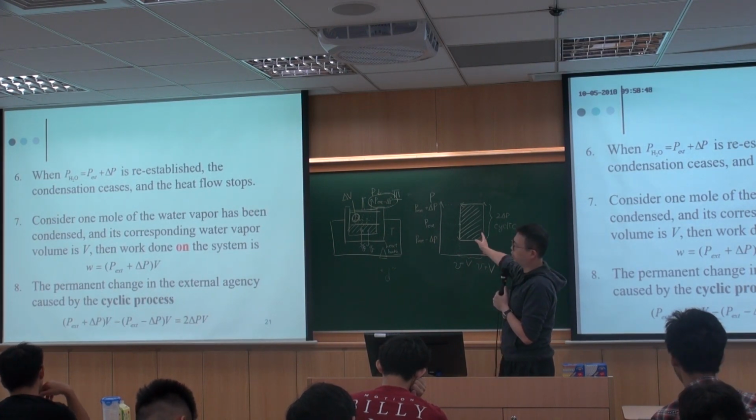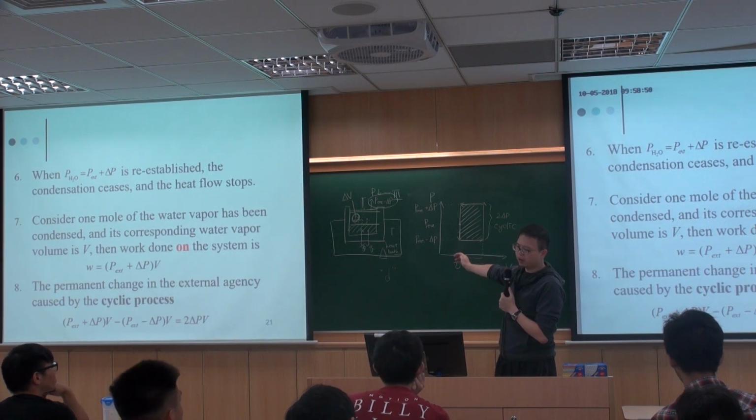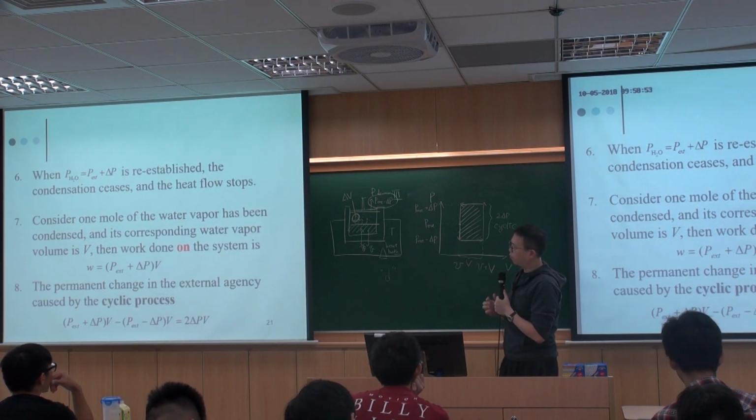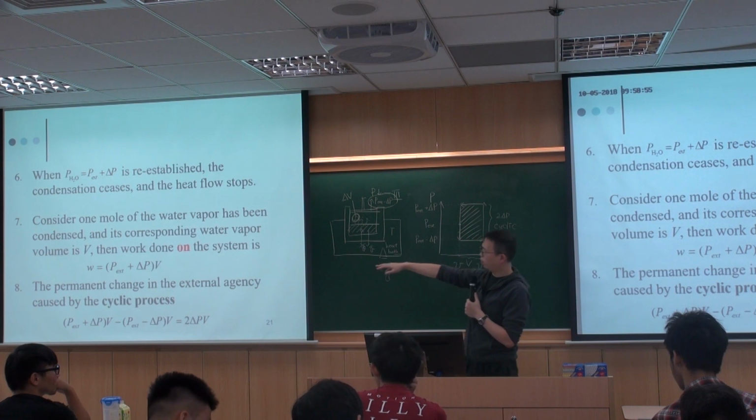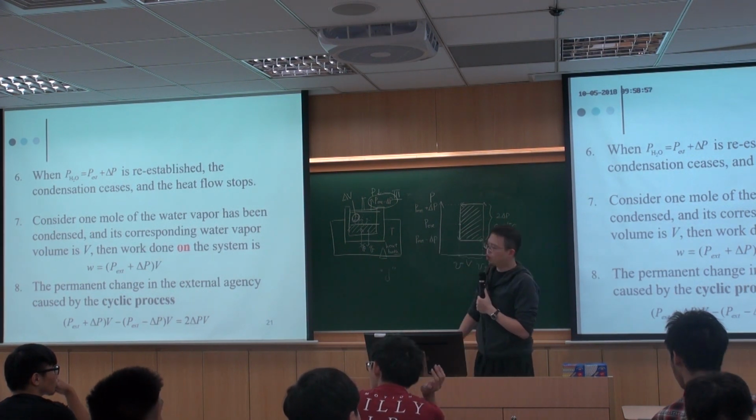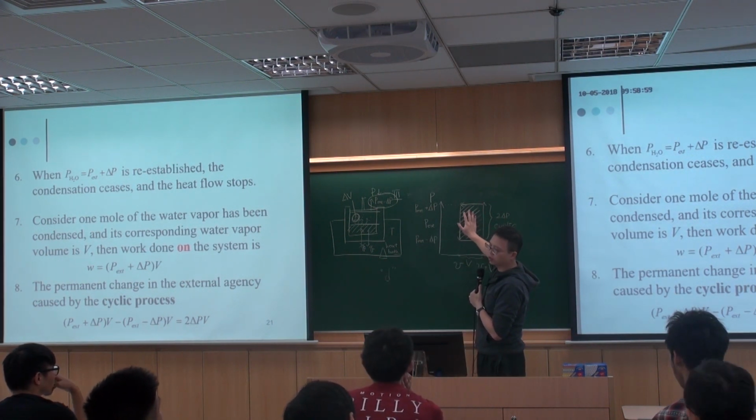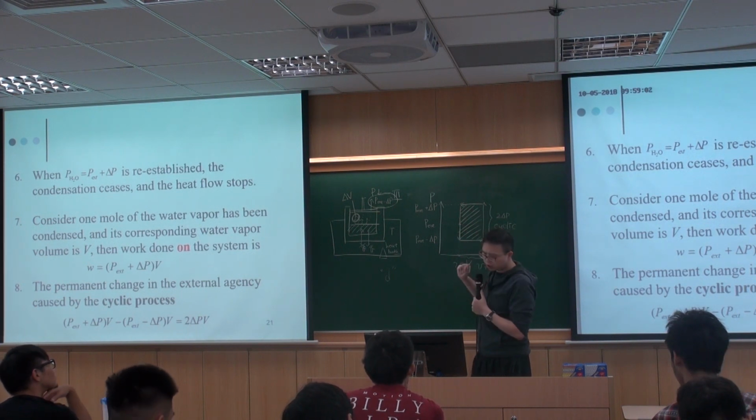But in fact, this is just an example to tell you that the irreversible process, or you can say if there's a large delta P, you always have some certain amount of heat waste of this large.